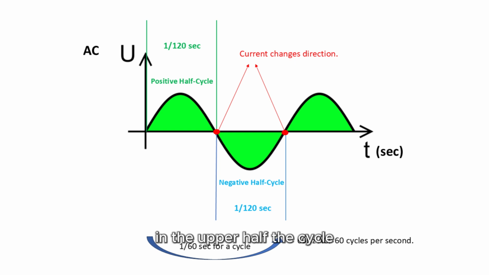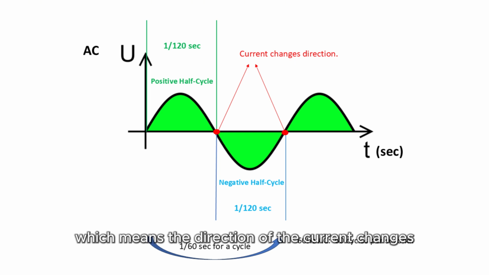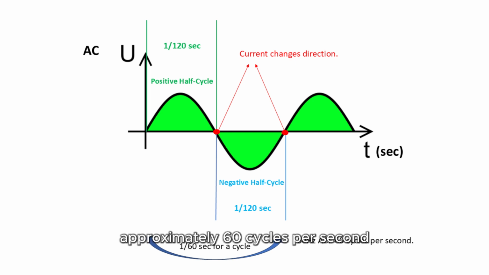In the upper half of the cycle, the current flows in one direction, and in the lower half, it flows in the opposite direction. AC typically operates at 60 Hz, which means the direction of the current changes approximately 60 cycles per second.